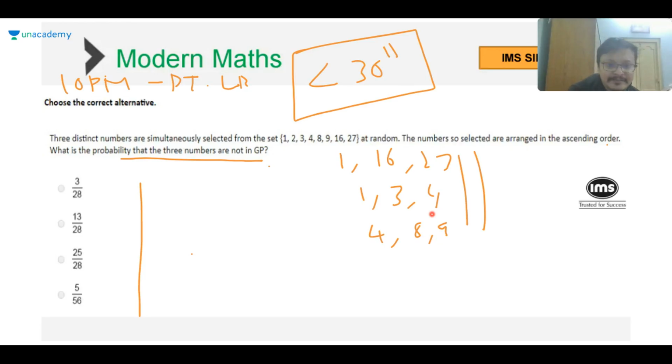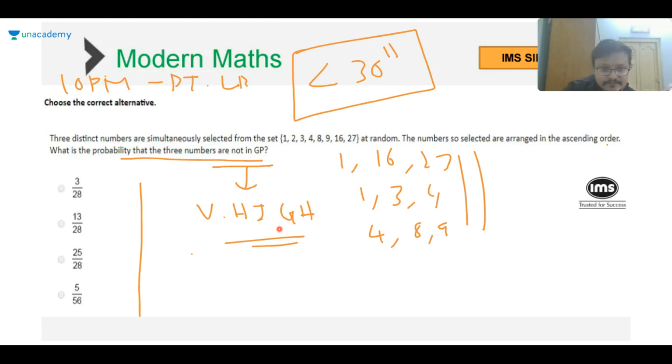Isn't that very unlikely? Yes or no? Which means the probability that the numbers are not in GP should be a very high probability.